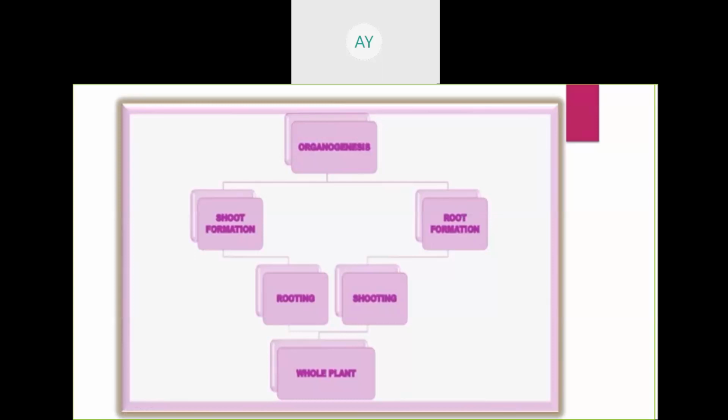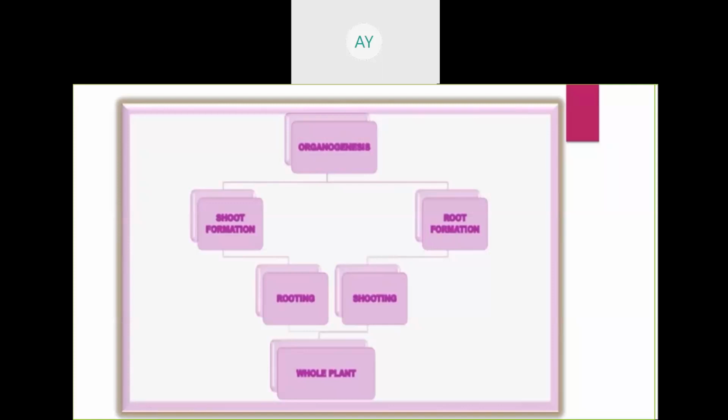So in this case, when you put the callus in the media containing high concentration of cytokinin, then it will develop as shoot. And if we put the callus, because callus we are getting from the explant, in media containing high concentration of auxin, then there is root formation.